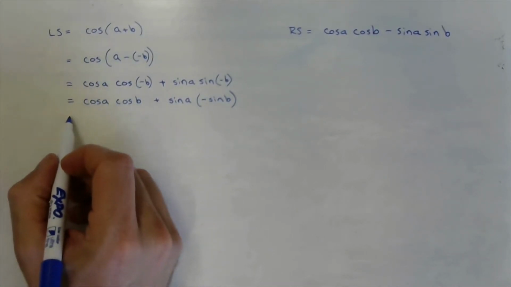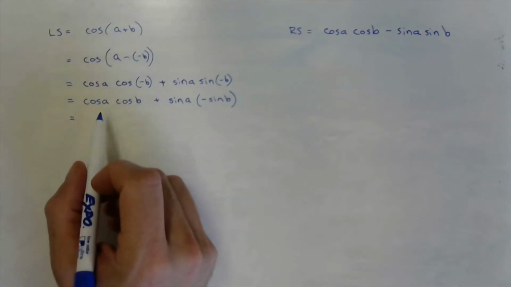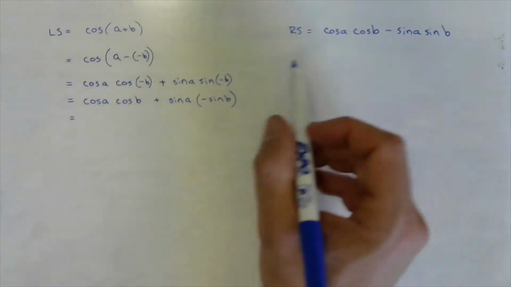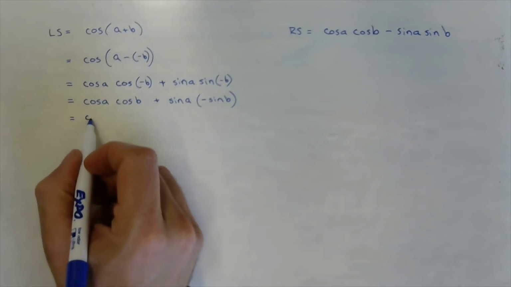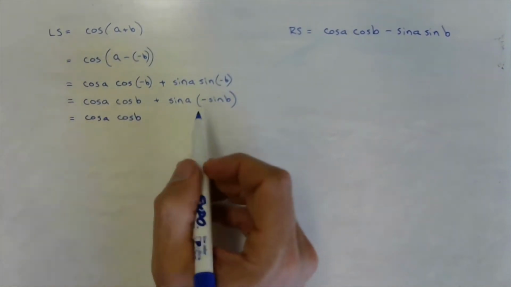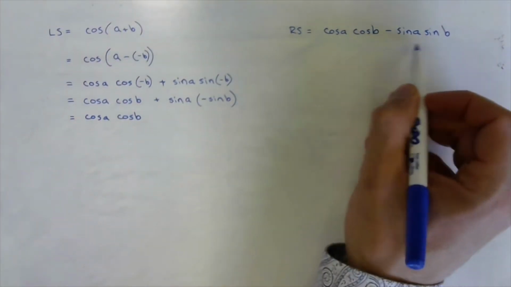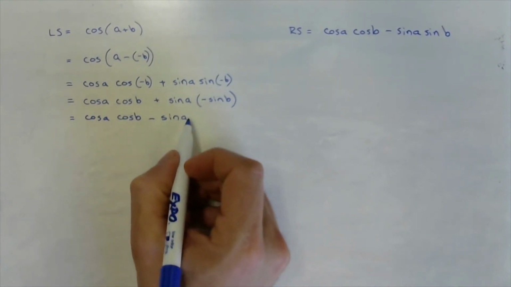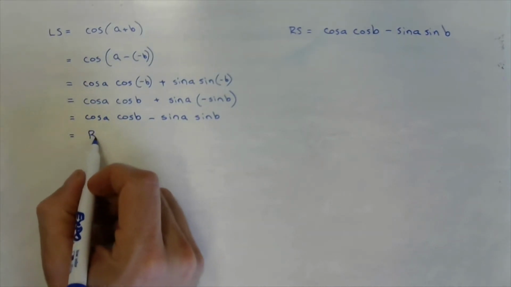Let's look at what happens when we simplify that. And remember, whenever you're proving something, you're looking back and forth from left side to right side, seeing, am I getting closer? Yes, we have the whole first term, cos A cos B. And if I take sine A times sine B and I have one negative factor, then I have the second part as well, minus sin A sin B, and that is equal to the right side.